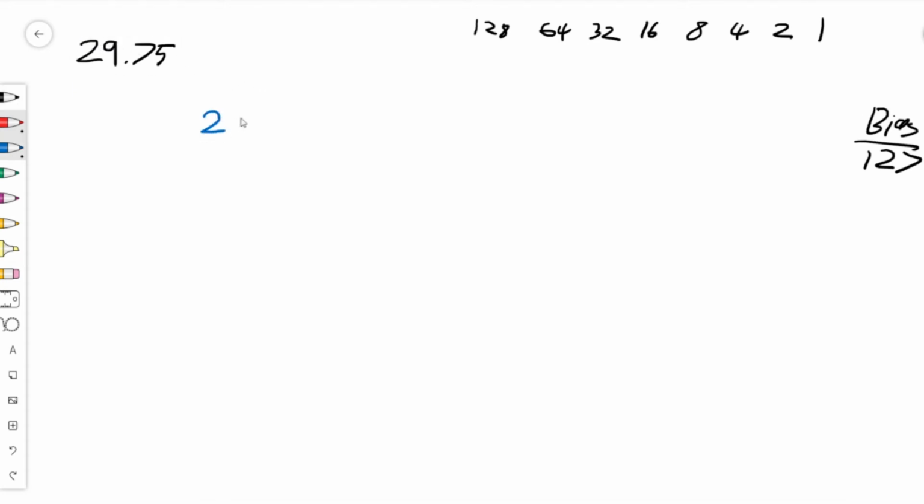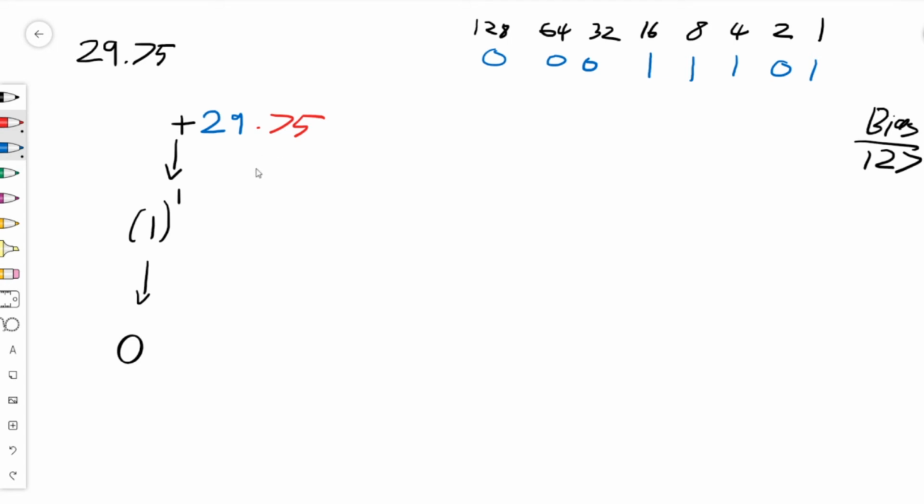So we have 29.75, and this number is positive. So first of all, our sign is 1 to the power of 1. Otherwise, we know that equals 0. Next, we need to work out 29 in binary, so let's do that. 29 in base 2 is 0, 0, 0, 1, 1, 1, 0, 1.